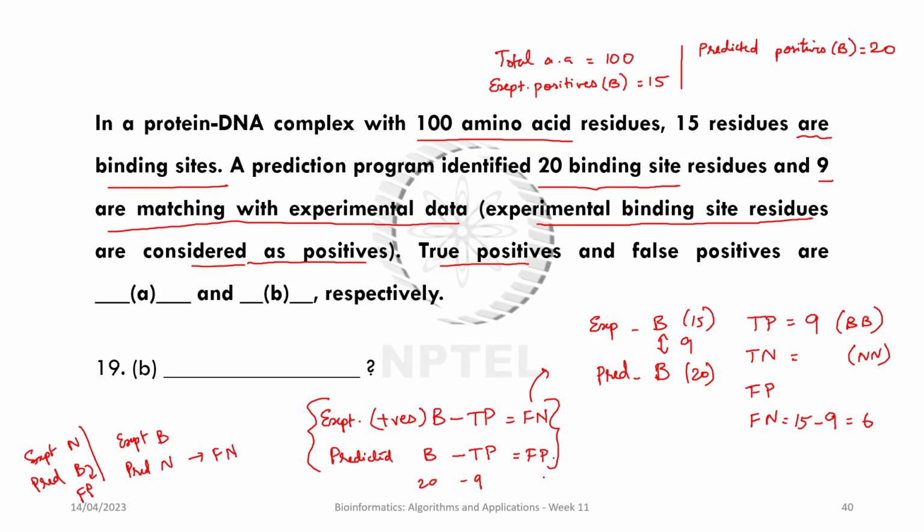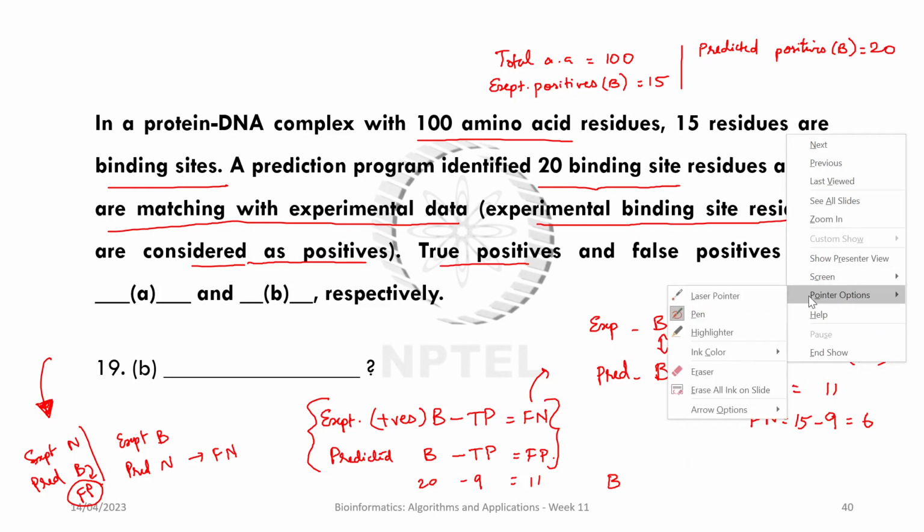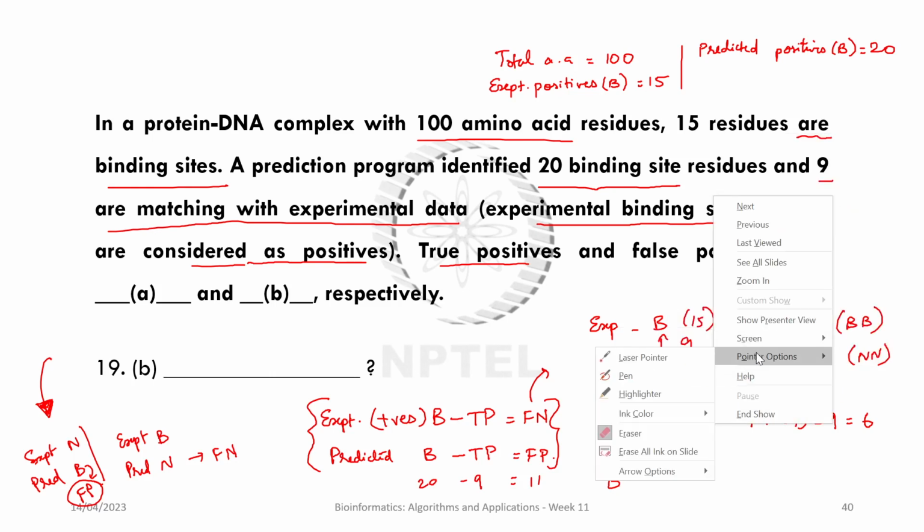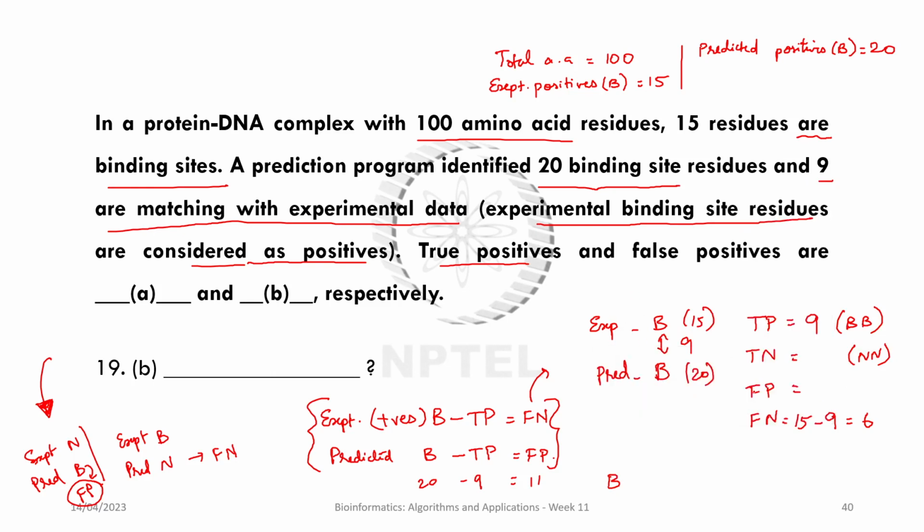And in other 11 cases, I have B in case of prediction but N in case of experimental value. Therefore, it is a false positive. And how can I get this? 20 minus 9 is equal to 11, right? Maybe I should write the expression. I'm going to write it as 20 minus 9 is equal to 11.